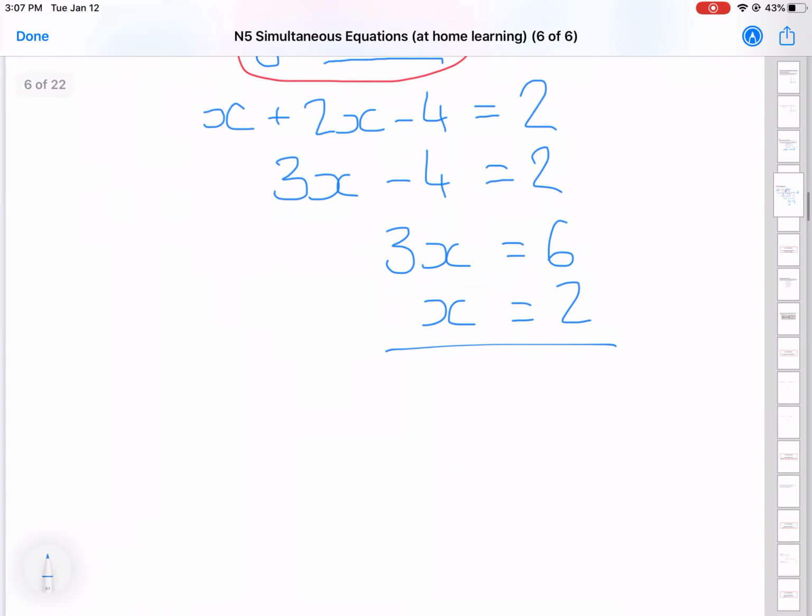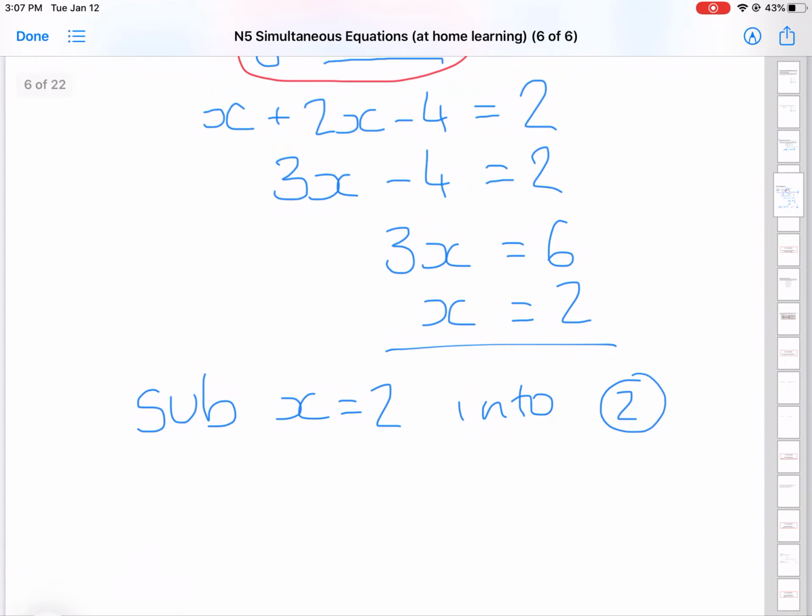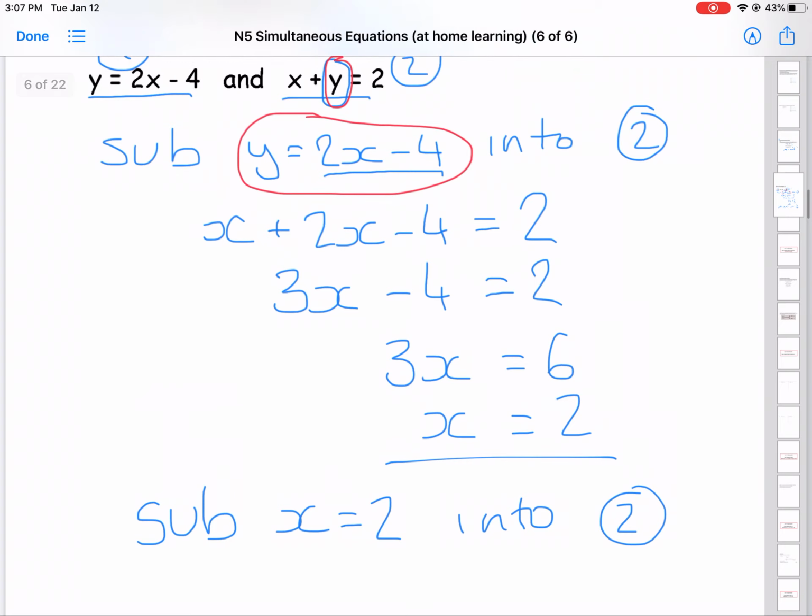Now, second part for all of these questions, no matter which way we do it, is to substitute x equals 2 into one of the equations. Now I'm going to choose equation 2 since it looked a little bit easier. So I've got x plus y equals 2.